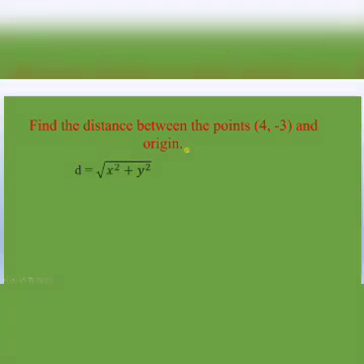The formula used will be d is equal to square root of x square plus y square.